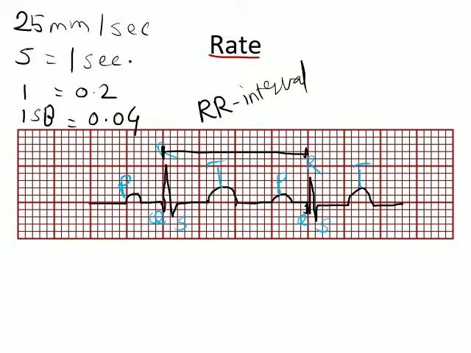I wanted to refresh your memory for that because it's going to be quite essential right now. So I'm going to erase everything that I have drawn and show you how to calculate the rate.